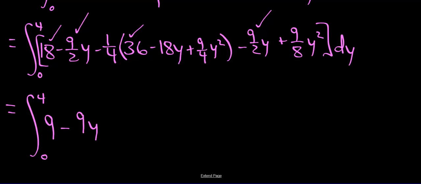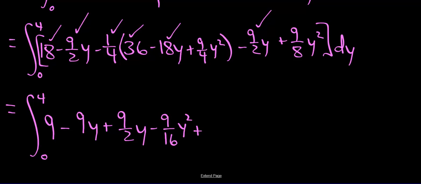And then plus this y over here, that's going to be 9 halves. That right? And then we've got minus 9/16 y squared plus 9/8 y squared.